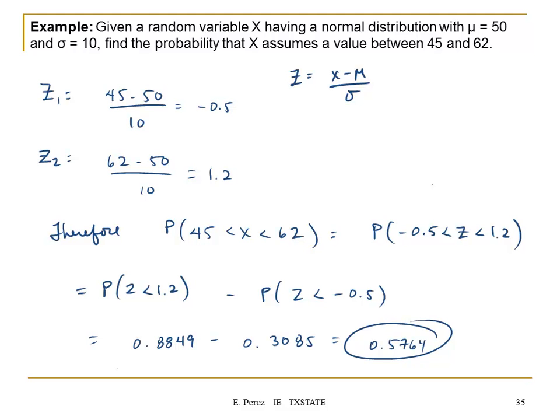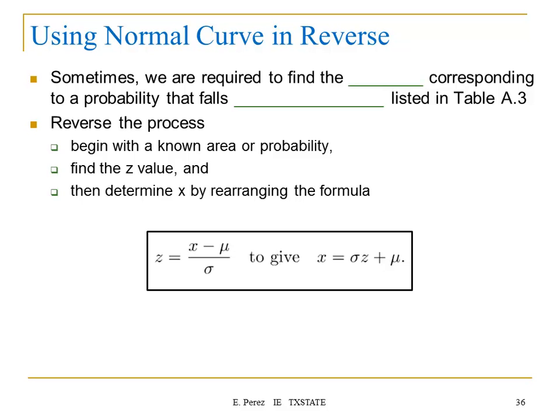The next thing we're going to do is also related to the normal curve, but we're going to use the table in a reverse way. Sometimes we are required to find the value of Z corresponding to a probability that falls between the values listed in the table or the appendix. Okay, so we want to go from having a probability to finding the value of X that corresponds to that probability.